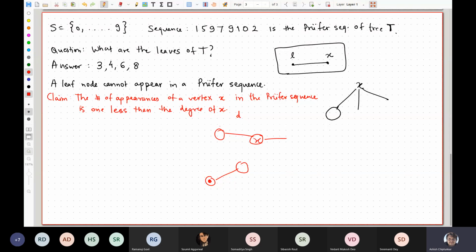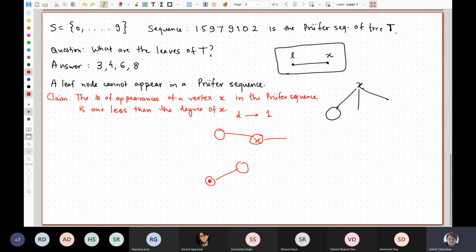By the time X is deleted or at the end of the prefer sequence, the degree of X must be 1. So during the construction of the prefer sequence, it must have dropped from D to 1, and therefore the number of times X was written in the prefer sequence is D minus 1. Cool, that's a nice argument.